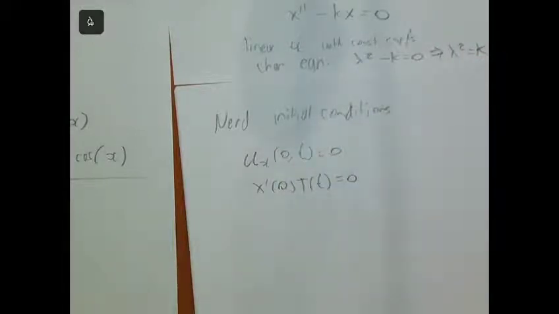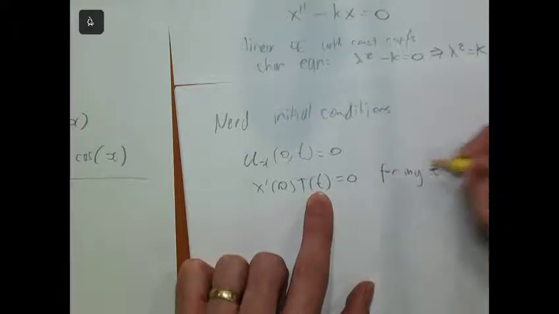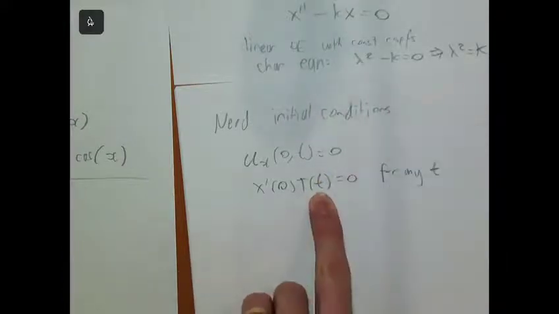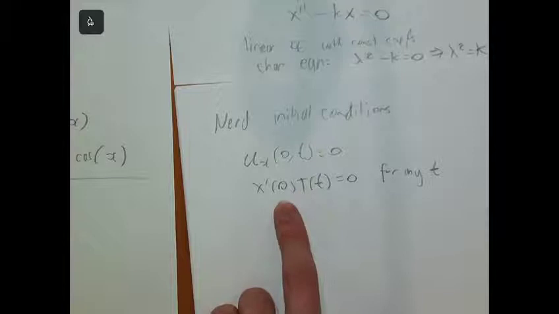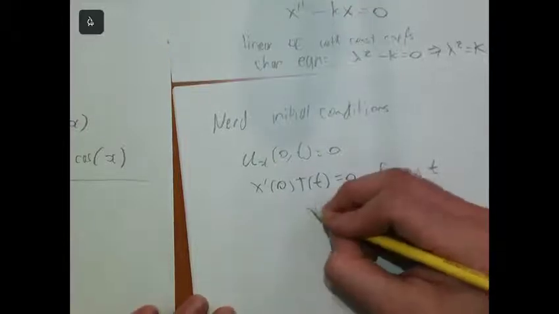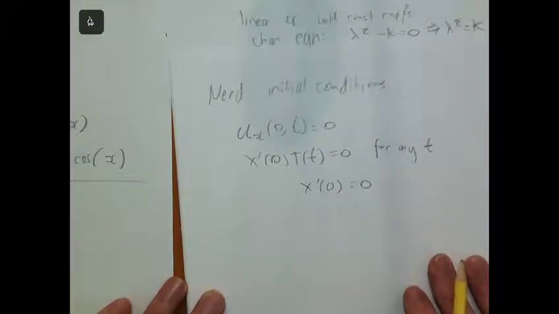But this is supposed to always be 0, no matter what little t is, for any little t. So since I'm looking for non-zero solutions, either capital T is always 0, which I know is not true, which means that if this is sometimes not 0, I can divide by it, which means that X dash 0 is 0. That's what I've got there.